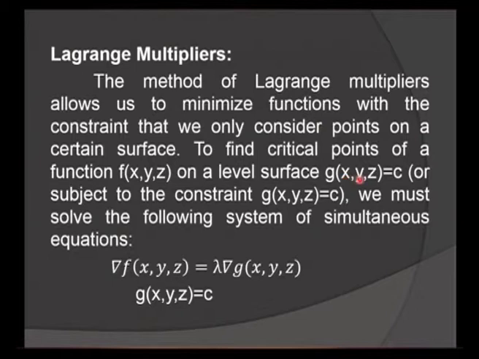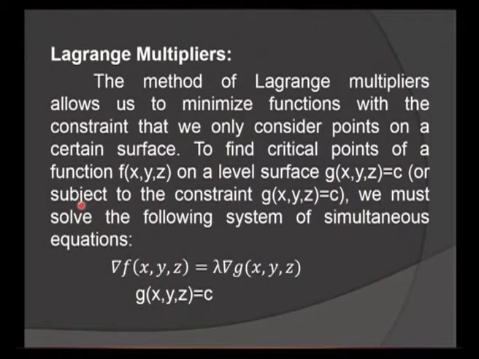Here g of x, y, z is equal to c is a geometrical representation which denotes a level surface, or the function f of x, y, z is subjected to the constraint g of x, y, z is equal to c. Like that also we can imagine the definition of Lagrange multiplier.